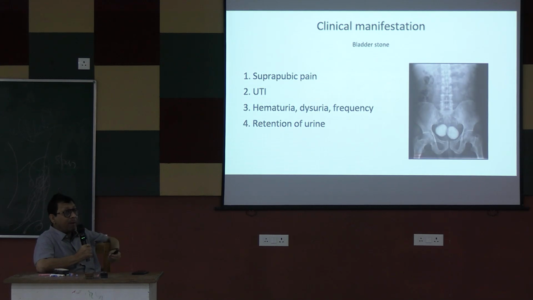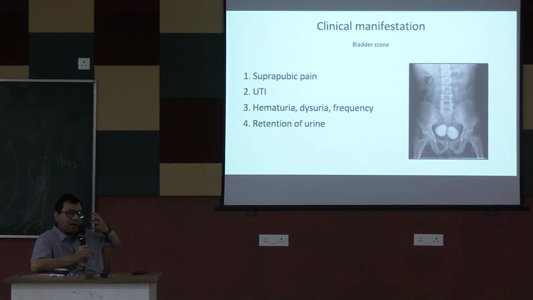But if you come to the bladder stone, which is not very common in relation to kidney or ureteric stone, it can occur in two ways. One is expulsion from the ureter: from the ureter, the stone has migrated to the urinary bladder, or it has developed de novo in the bladder following lower tract obstruction.